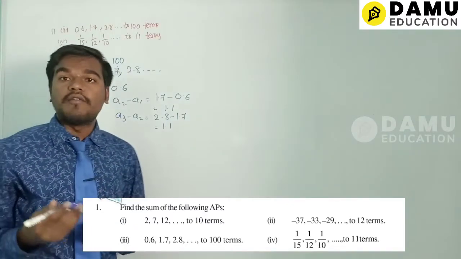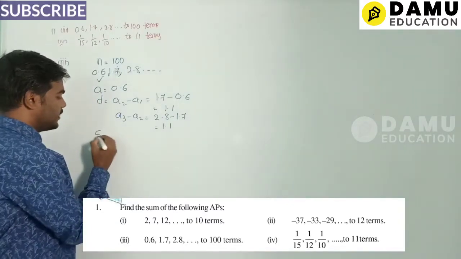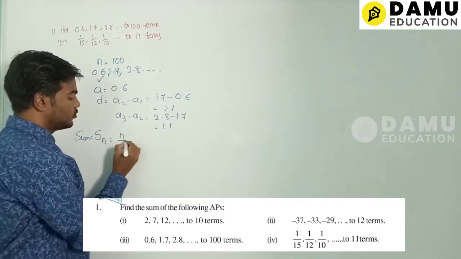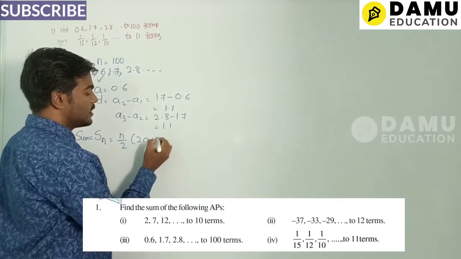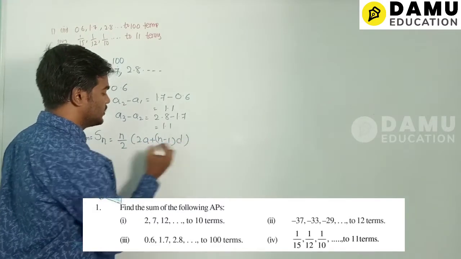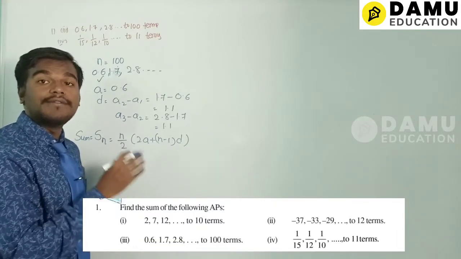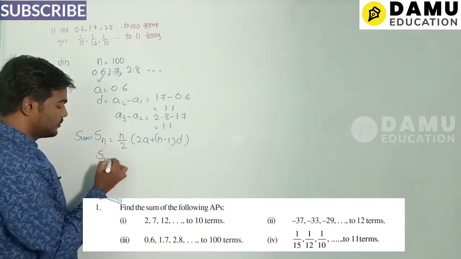Then what is the sum of 100 terms? The sum of n terms is n by 2 into 2a plus n minus 1 into d. So this is the formula for the sum of n terms. Here, the sum of 100 terms means S100.